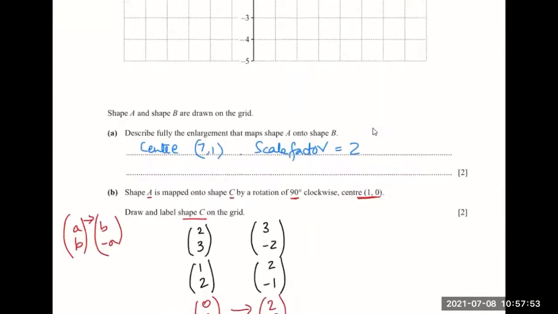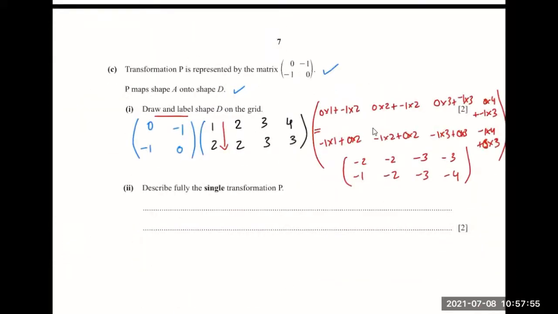Okay, can I check the working again? -2, -2, -3, -3, -1, -2, -3.